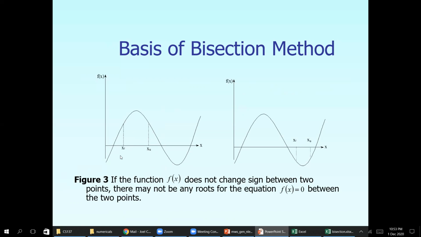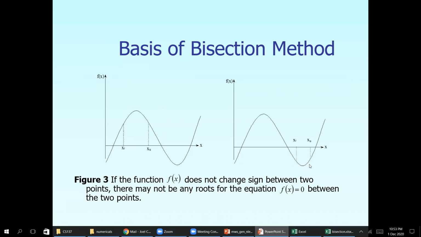In this example, x sub l and x sub u both give positive results, but there's no root in between. The same with this one, both answers are negative, but there's no root between these two points.